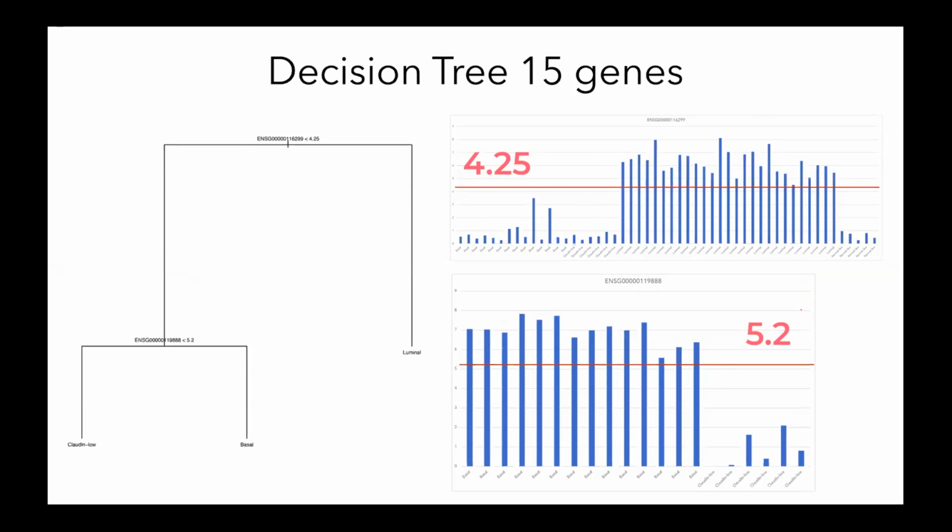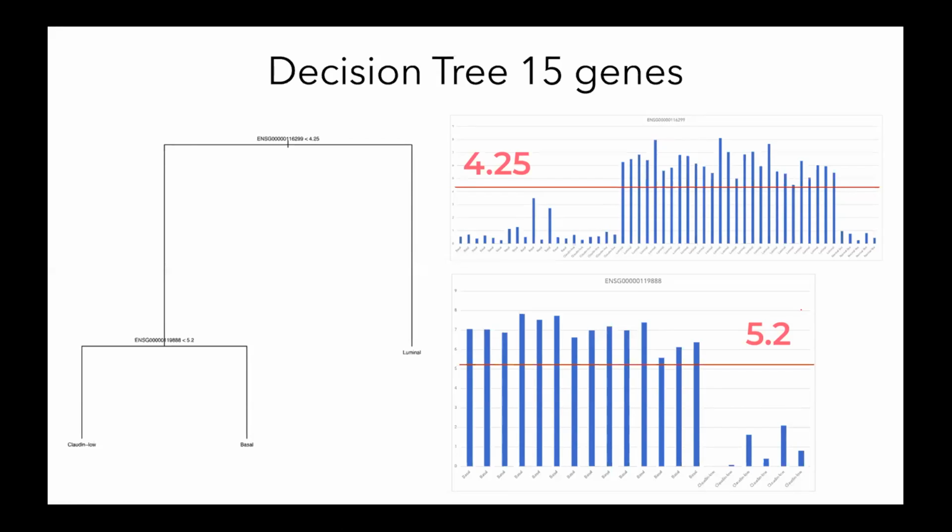In this example, two genes out of 15 can help classify three cell types based on the expression level of two genes, right? Gene 6299 and gene 9888 in combination can distinguish whether a sample belongs to the cell type basal, luminal, or Claudin low.